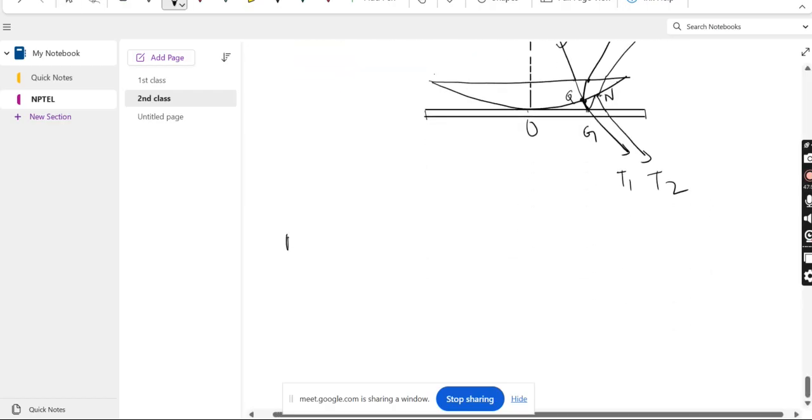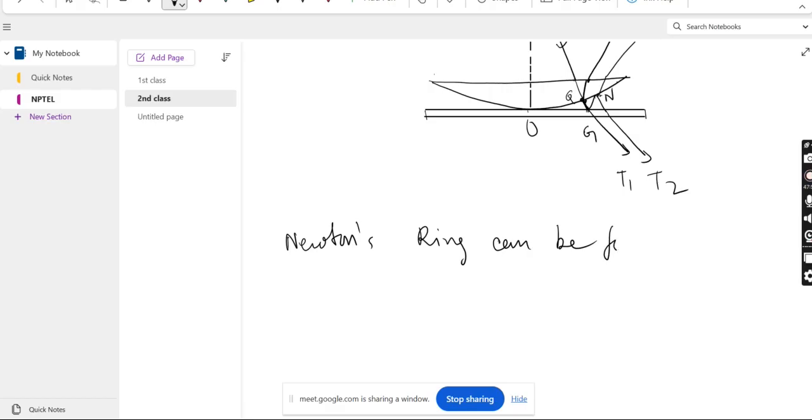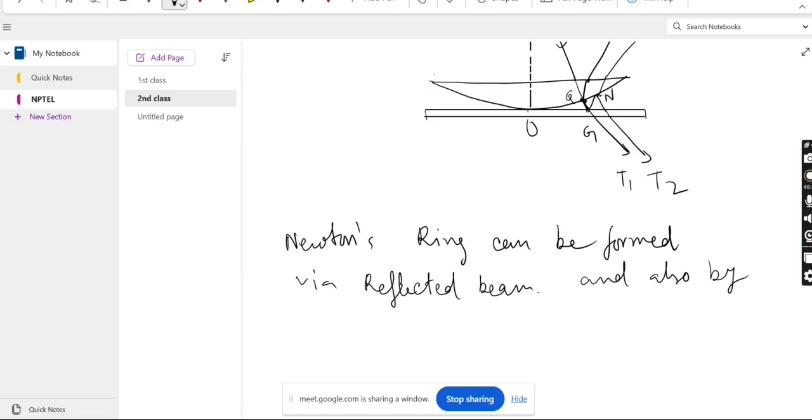So Newton's rings can be formed via the reflected beam and also by the transmitted beam.